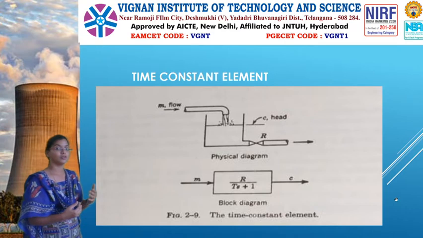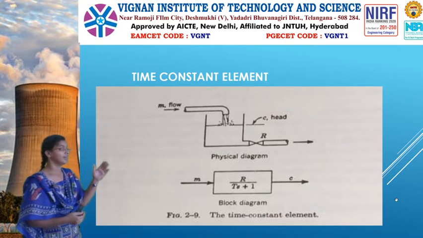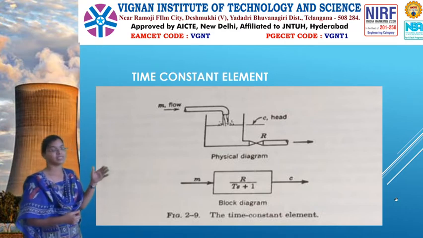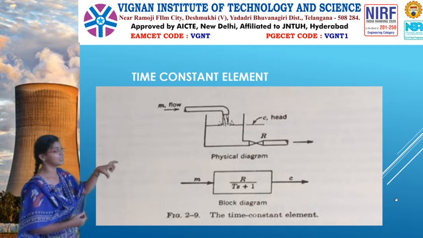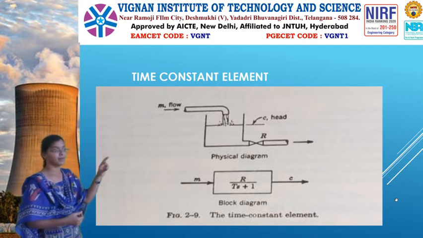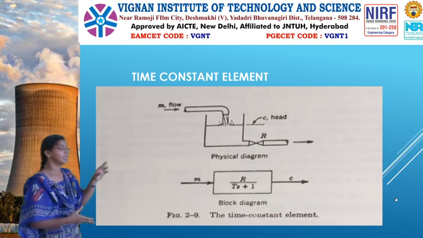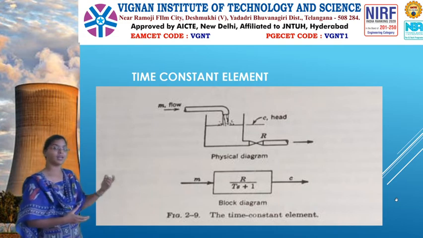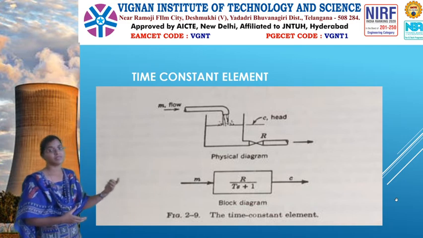Combining those two, we get something like a low pass filter, which is having a capacitive element as well as a resistive element. So if we calculate the value, we get R by RCs plus 1. RC is nothing but the time constant, that is T. So we can replace that with R by Ts plus 1, we can write.